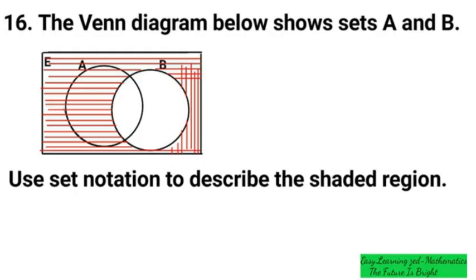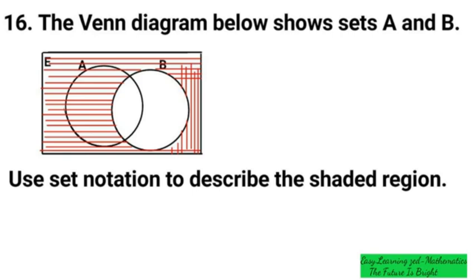So there are two sets that are not shaded: the set of A intersection B as well as the entire set B. Okay, so once we have identified the part, then we can go ahead and write the set notation to describe the shaded area.